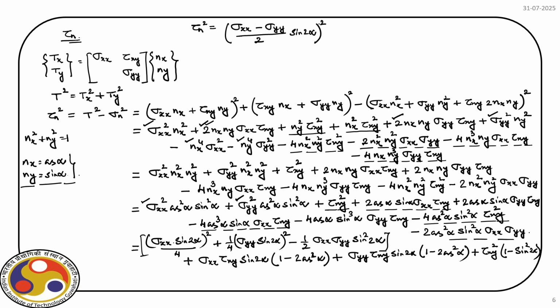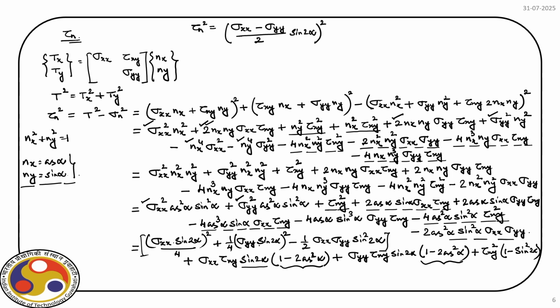Then we have the next two terms. Here we have sine 2 alpha times 1 minus 2 cos square alpha. So, this will be cos of 2 alpha, right. Similarly, here also we have cos of 2 alpha, right. Let us write.